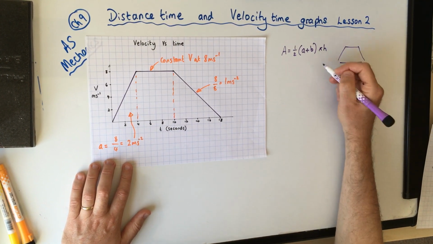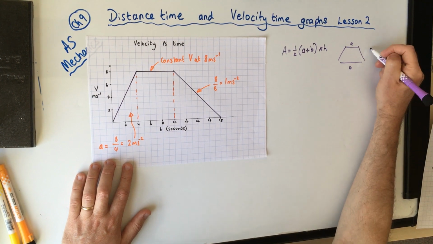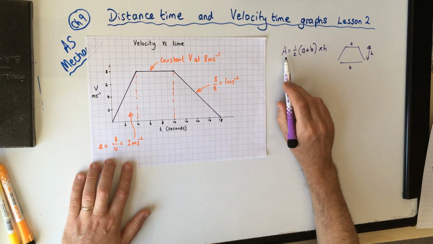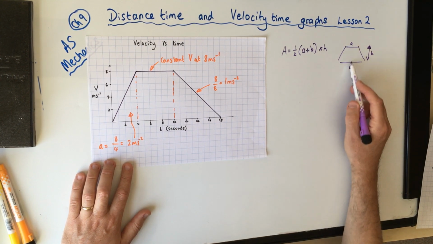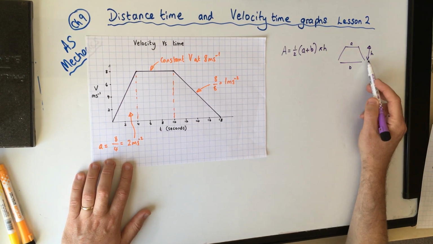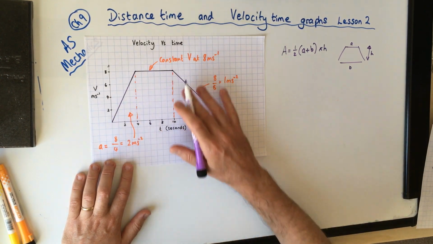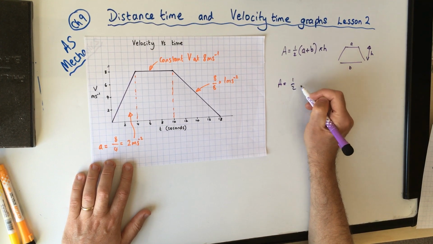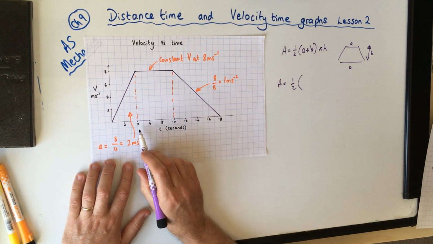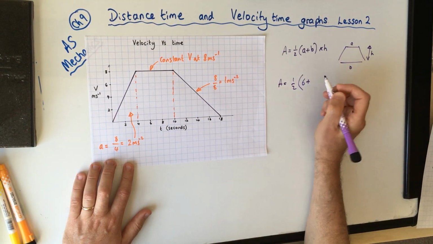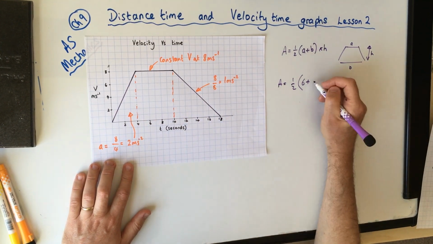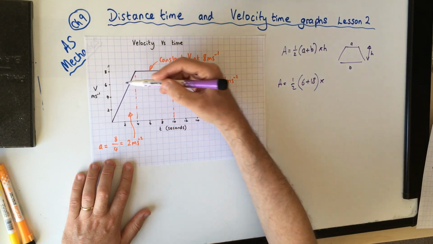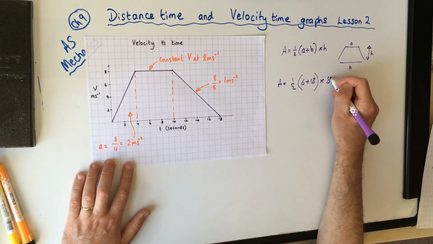There's your trapezium, your a and your b are your two parallel sides, and that is your height, the distance between them. The formula is a half of a plus b, times the distance between them. So for this one, the area would be a half times 6 plus 18, times the height, which is 8.